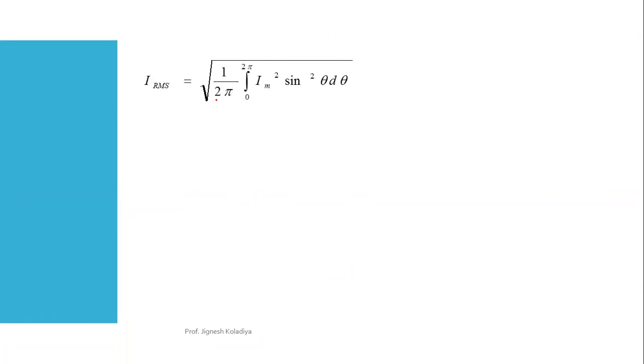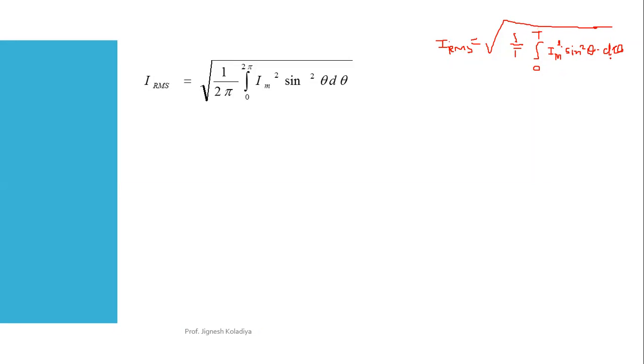So here you can see, this is our equation. Irms is equal to square root 1 upon T integration 0 to T I square into d theta. So I can write I square is Im square into sine square theta into d theta. Okay.